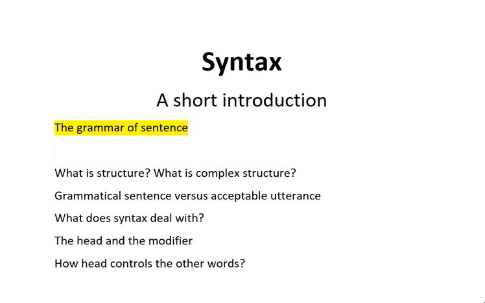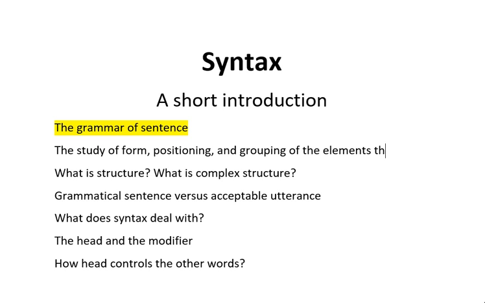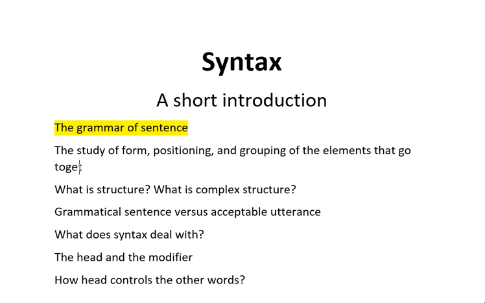It is traditionally the name given to the study of form, positioning, and grouping of the elements that go together to make up a sentence. That is what syntax does.